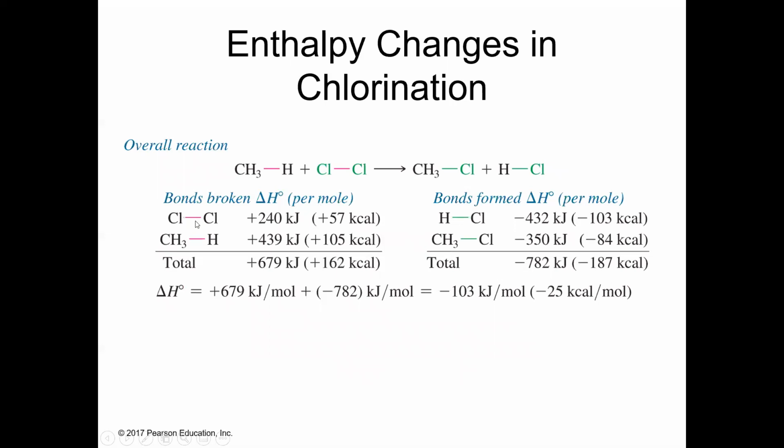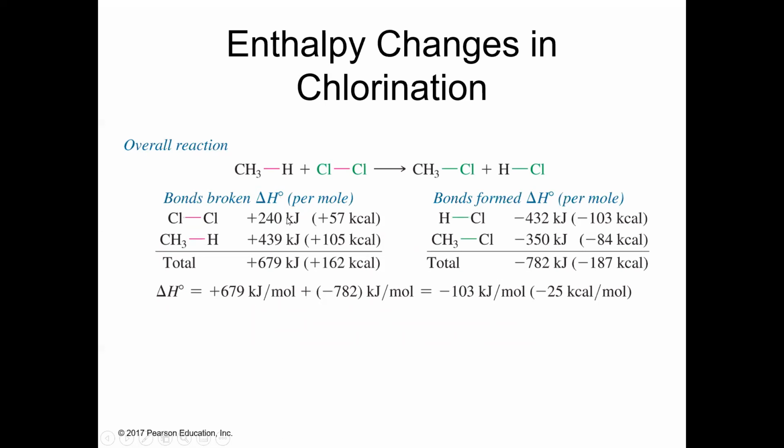We're breaking a chlorine-chlorine bond, and we're also breaking a carbon-hydrogen bond. If we broke more than one of each type of bond, then we would need to multiply by that factor. But in this case, it's just one bond. Then we're forming two bonds. We're forming this HCl bond, and we're forming a carbon-chlorine bond.